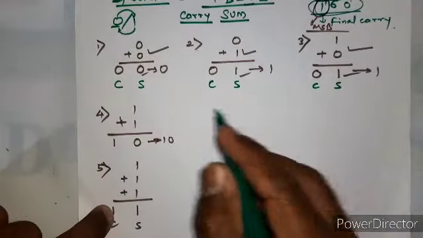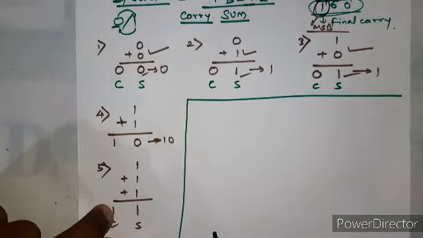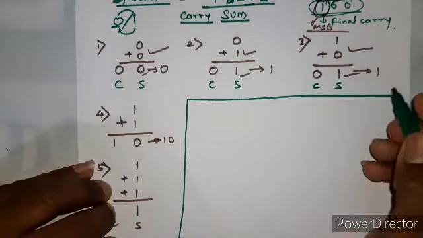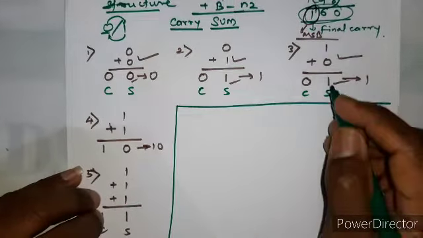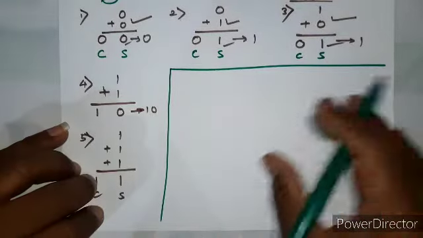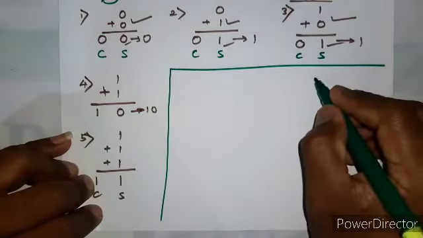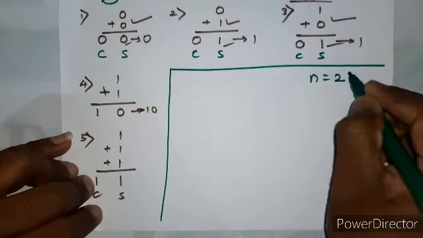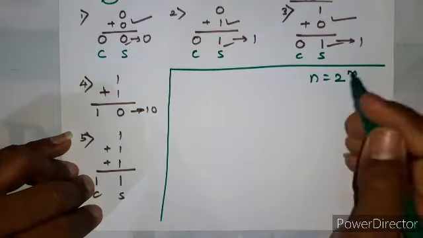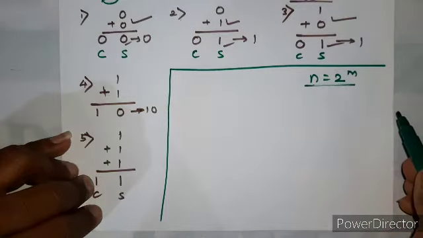Okay, so let me try to put this in the form of table. Now just to put this in the form of table, again this is very logical, filling that table is very logical, right? So here we can take this equation, n is equal to 2 raised to m. Okay, this equation we have seen in some previous lectures, right?